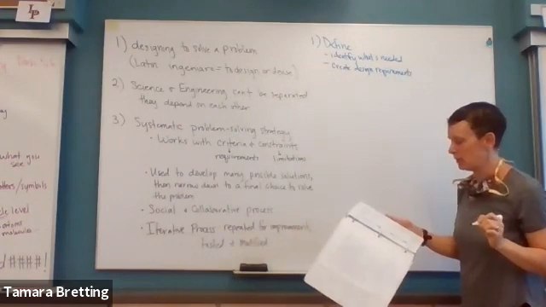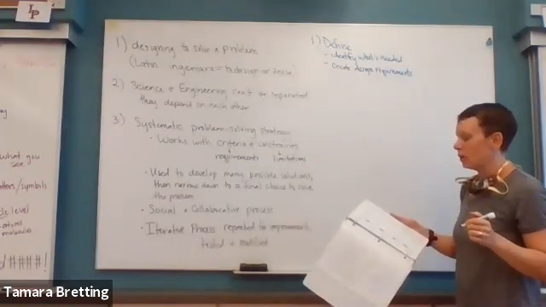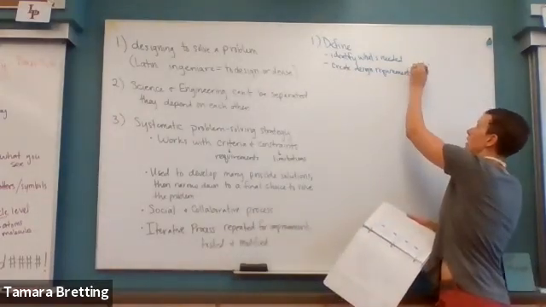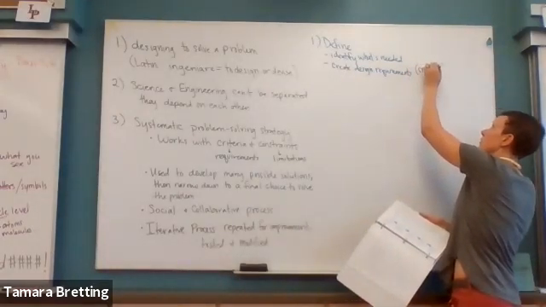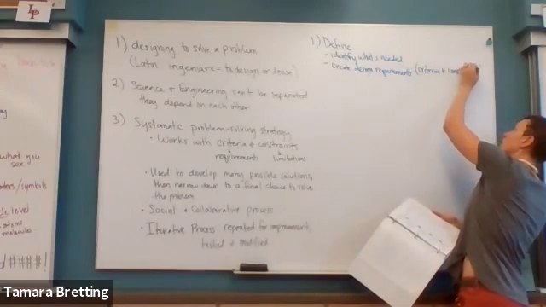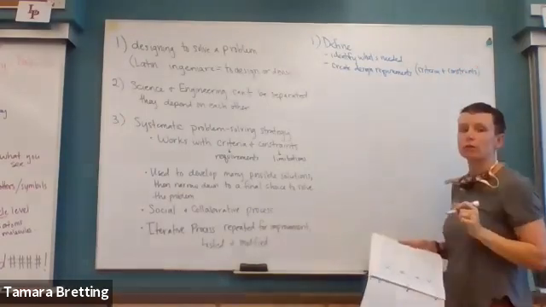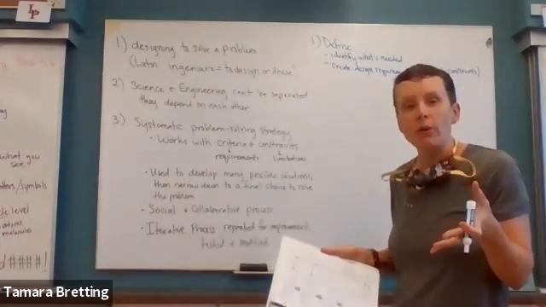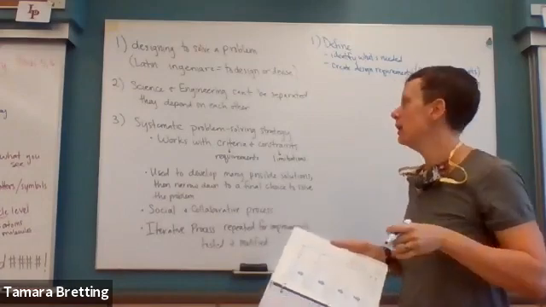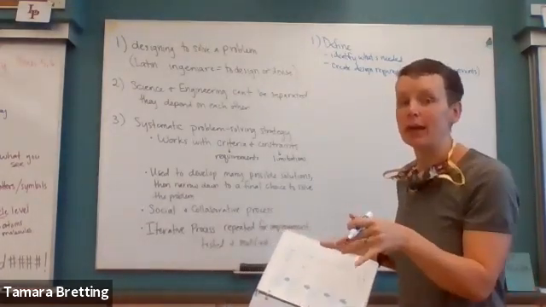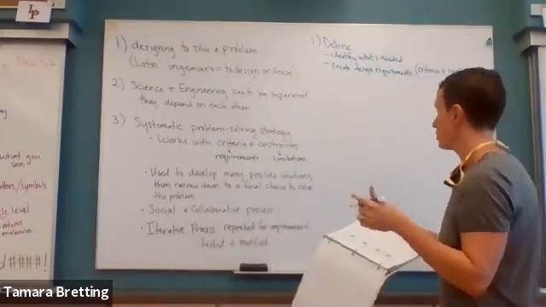Create design requirements. That's going to be your criteria and constraints. Now, in a true engineering project, one of those constraints is always going to be cost. So how much money do we have? And that's going to really limit what you're able to do as potential solutions.